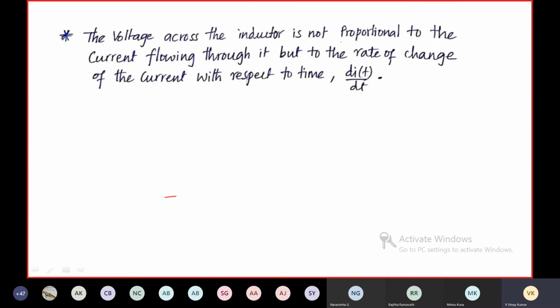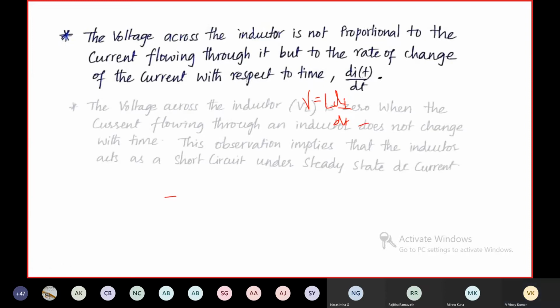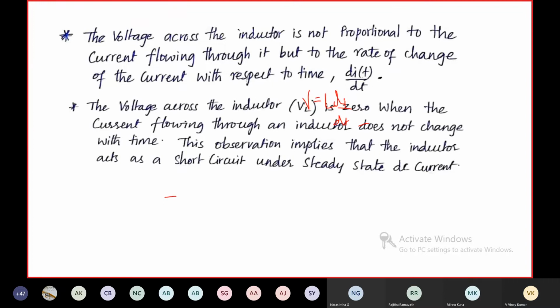The voltage across the inductor, V is equal to L dI by dt, is not proportional to current. It is proportional to the rate of change in current. Next, one more statement, V is equal to L dI by dt.